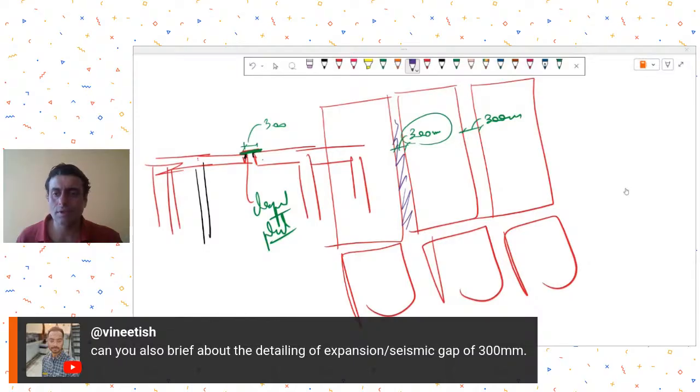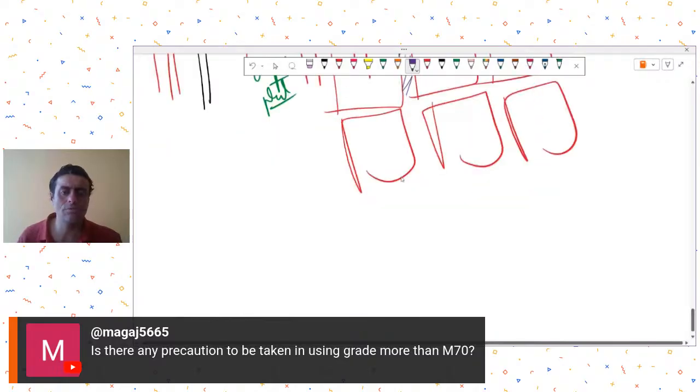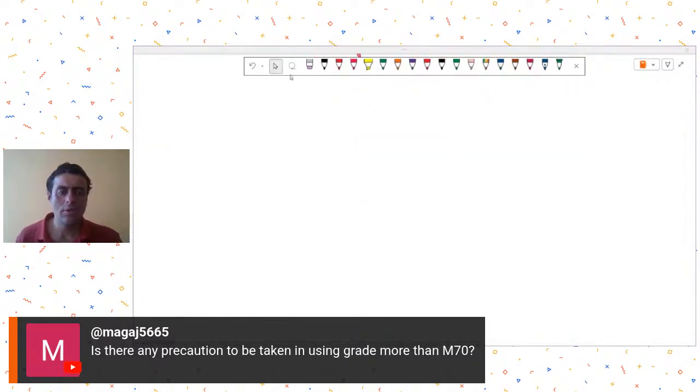What further queries do we have? Mr. Magaj is asking, is there any precaution to be taken in using grade more than M70? I don't have working experience of high grade concrete, so I don't have an answer here. What are the precautions?